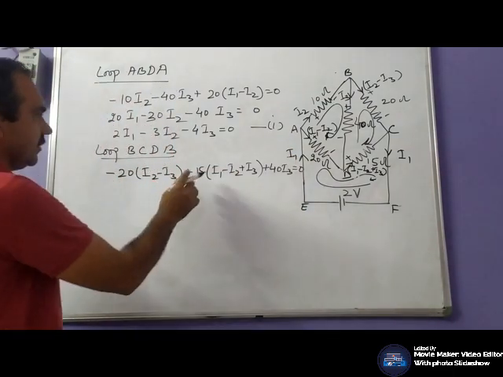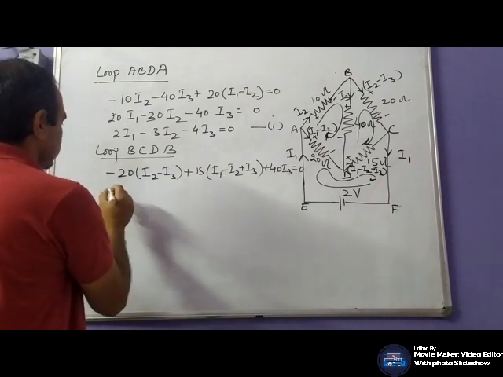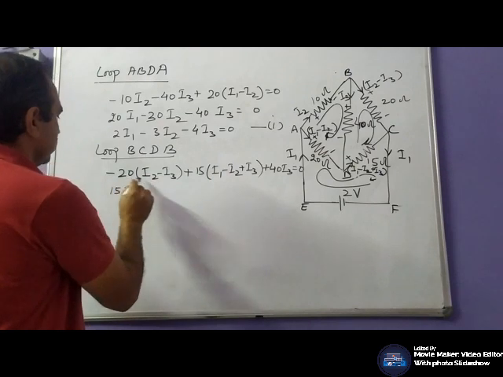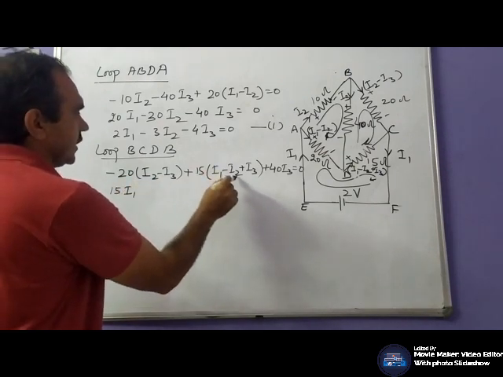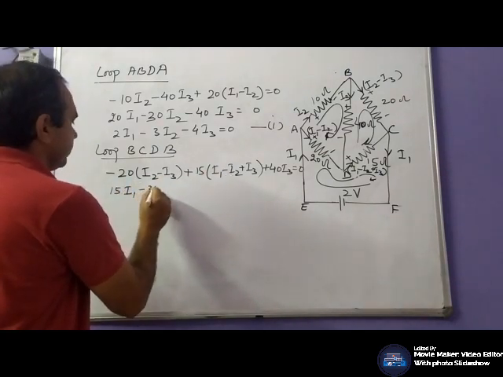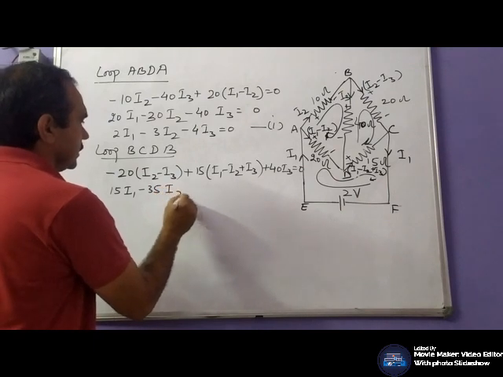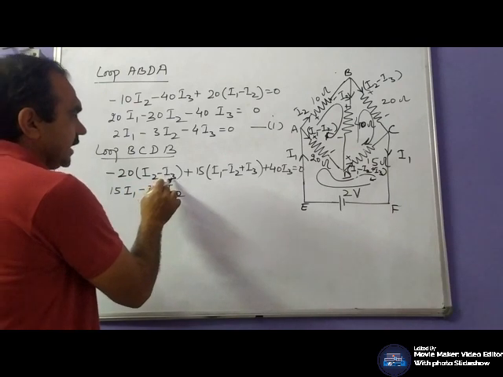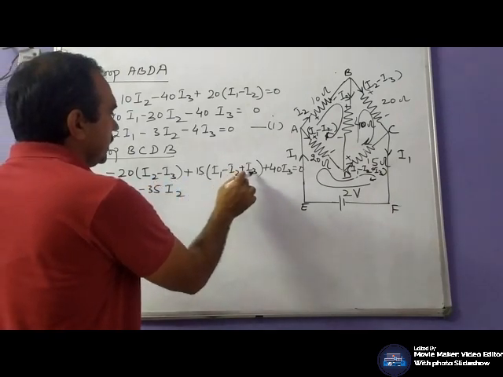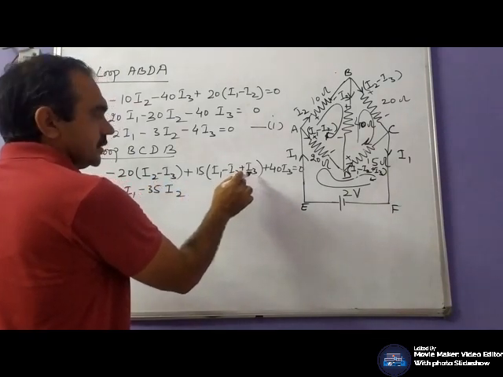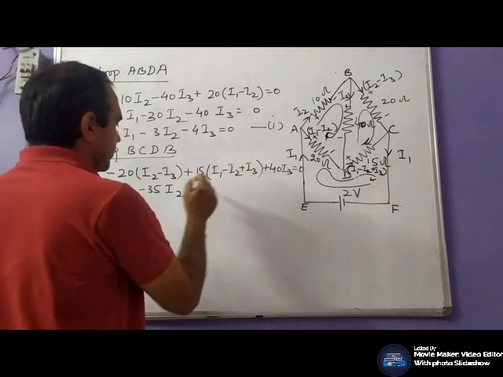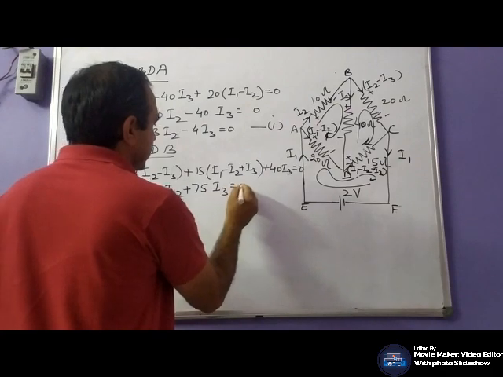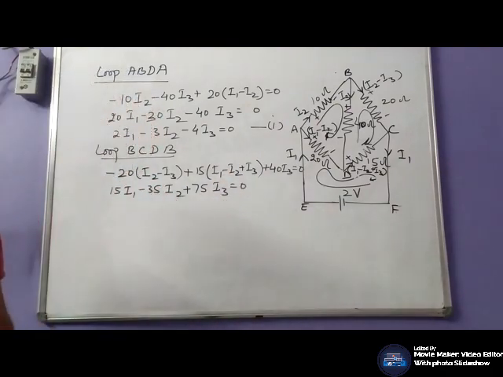Now 15 I1, minus 20 I2 minus 15 I2, minus 35 I2, and I3 is 20 I3 plus 15 I3, 35 plus 40, 75 I3 is 0.